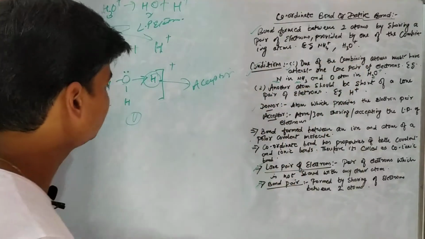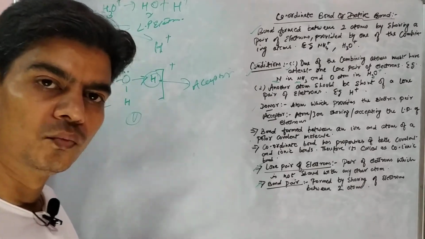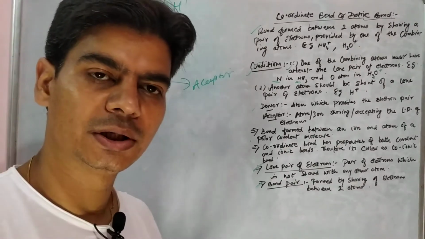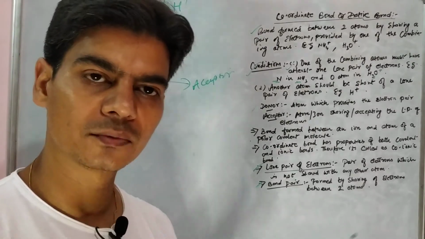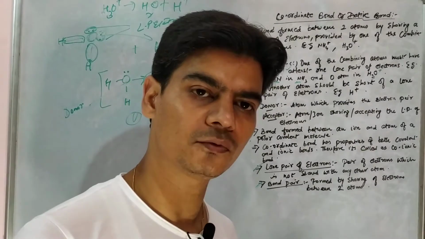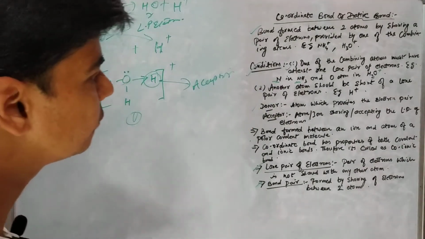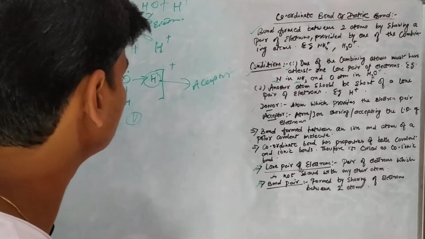In the coordinate bond formation we see that every time one lone pair of electrons or shared pair of electrons is transferred from one of the combining atoms to the other atom or ion which is short of a pair of electrons.